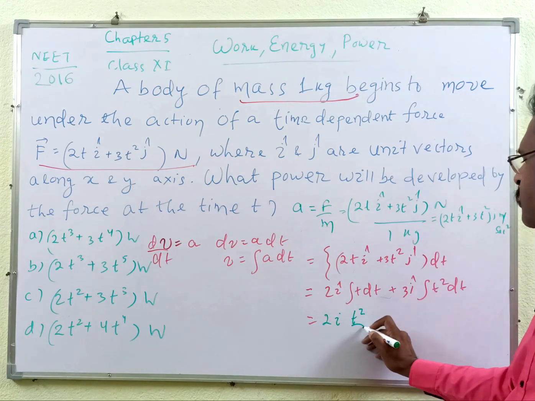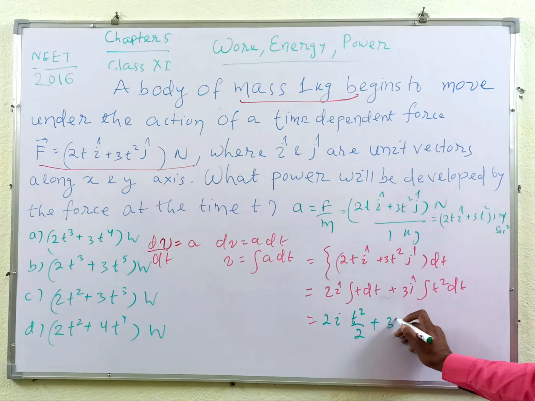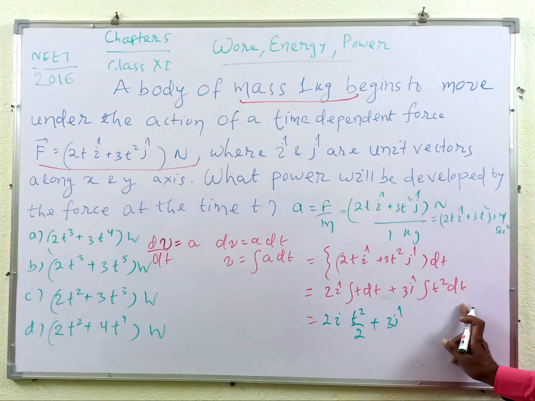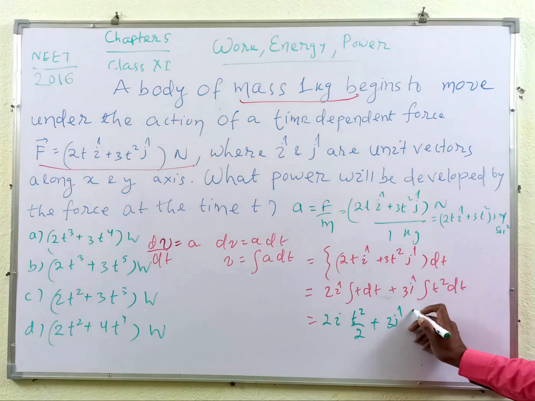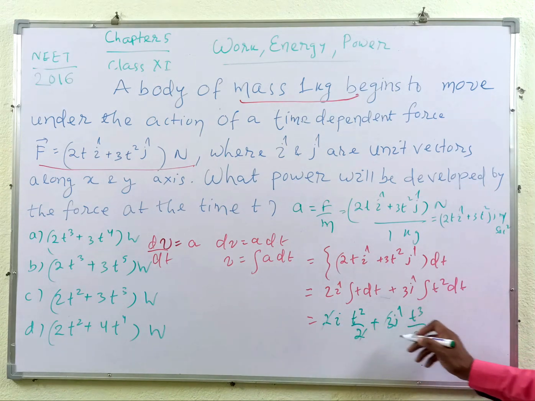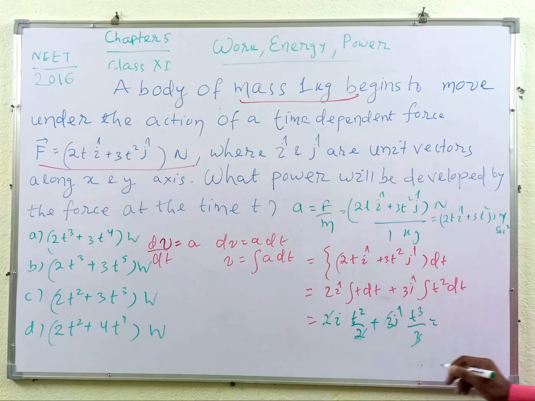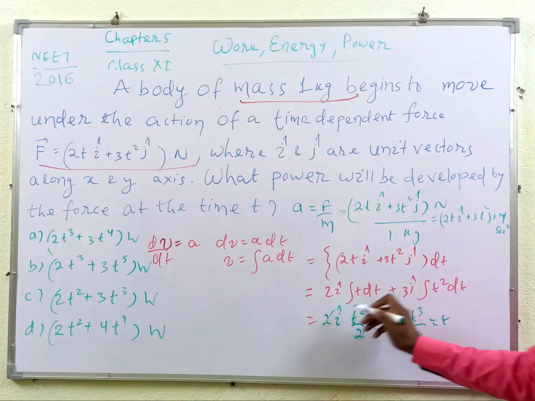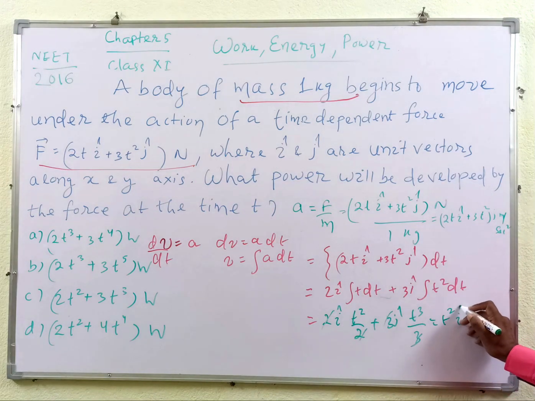That is t²/2, and this is 3j cap. What is integration t² dt? That is t³/3. These 2 will cancel out, and 3 will cancel out. So this will be equal to, students, t² i cap plus t³ j cap. Okay, students?